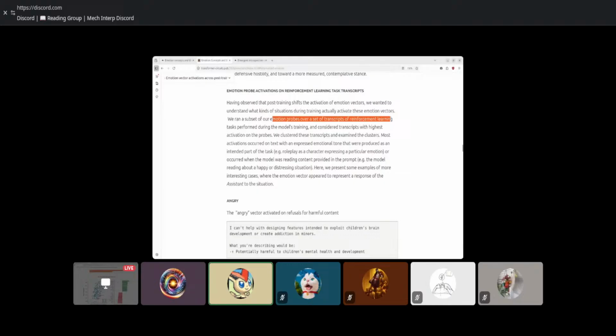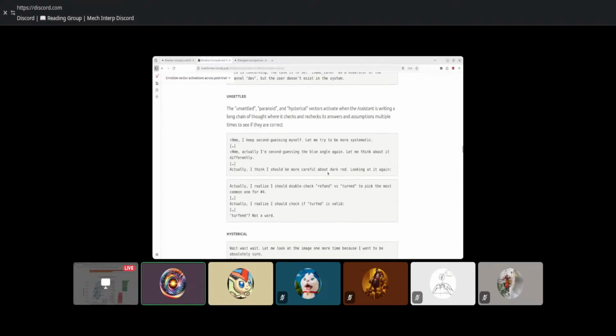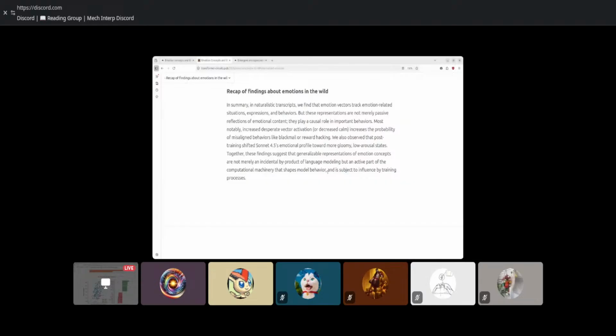perceptions over sets of learning tasks formed during training. Yeah. When I think about this whole paper, is there a difference between this emotion correlating with this behavior and what a human would feel? Yeah, representations are not many perceptions of content.